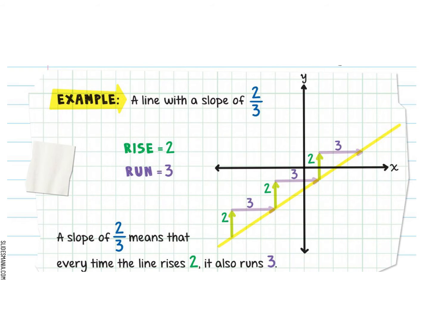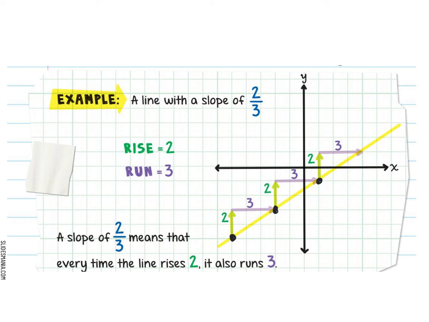So let's look at slope from a graph. If you have a graph of a line, you will notice that you can find the slope by looking at rise over run. You always want to identify 2 exact points if you want to find slope. So I can look at this point to this point, or I can look at this point to this one, and so on and so forth.